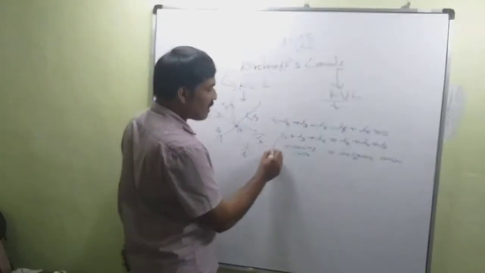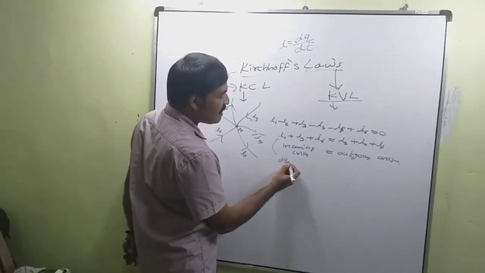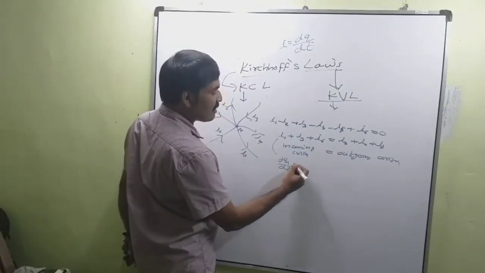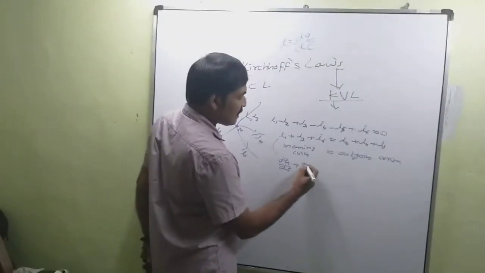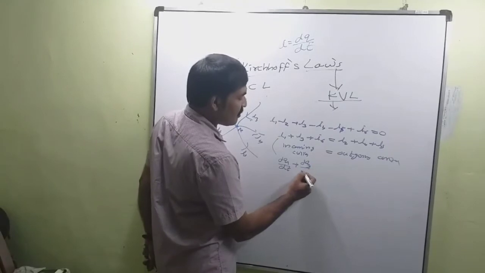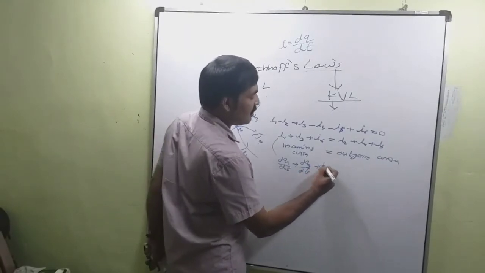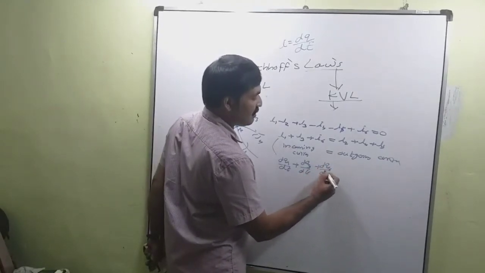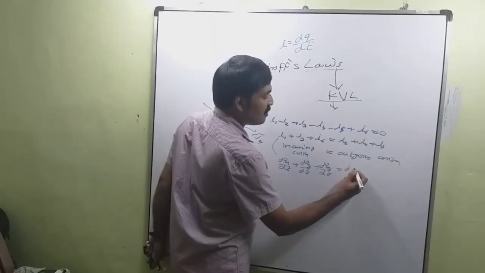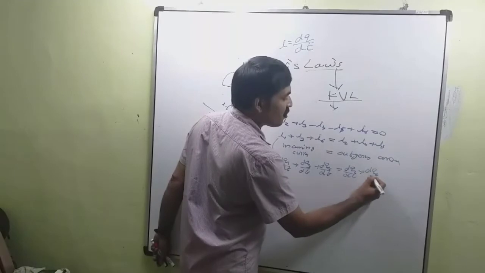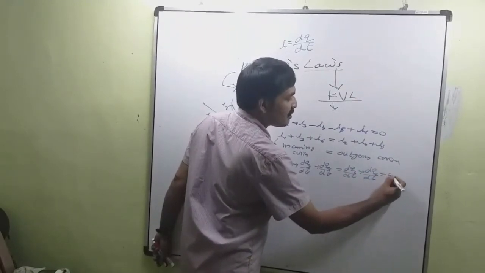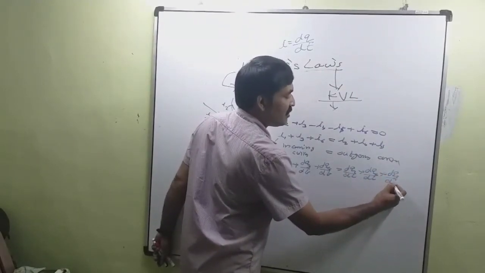And we know that I is equal to dq by dt. So we can write I1 is dq1 by dt, that is the rate of change of charge with respect to time. I3 is equal to dq3 by dt, plus dq6 by dt, which is equal to dq2 by dt plus dq4 by dt plus dq5 by dt.